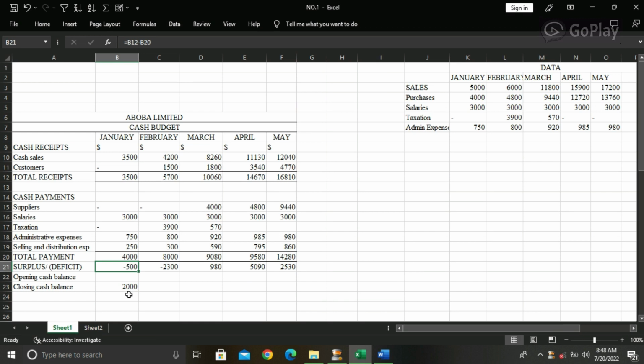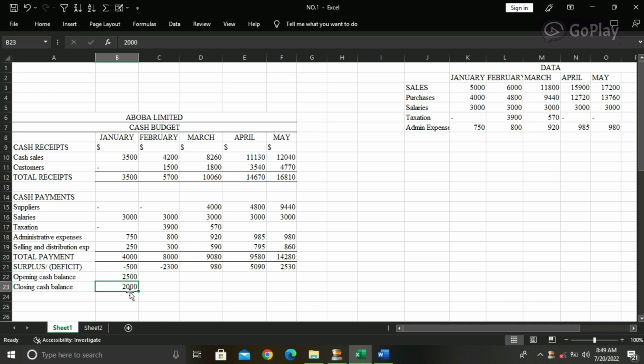So it means that something must be in this cell for opening cash balance in such a way that when we add it to the deficit here, we will have this closing balance. So by looking at it critically, or mathematically, you can see that the opening cash balance will be 2,500, so that the closing cash balance could be 2,000.